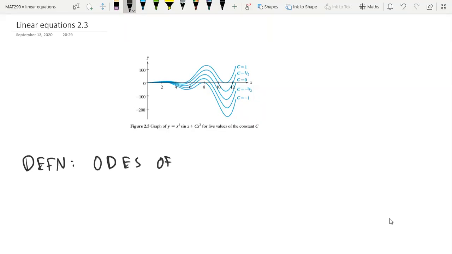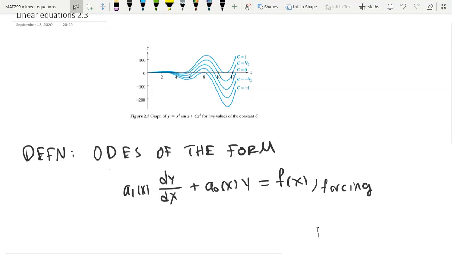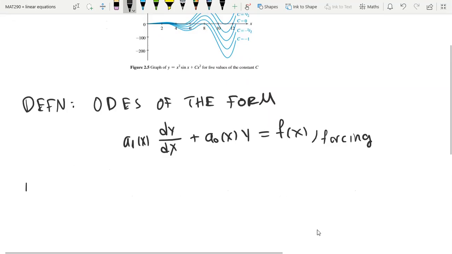These are ODEs of the following form: a coefficient, which is a function of x, times the single derivative of the solution, and then a coefficient times the solution equal to a forcing function. These are called linear equations.